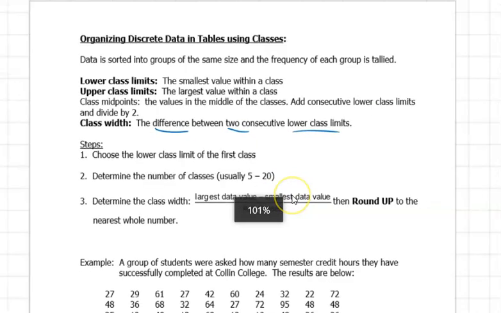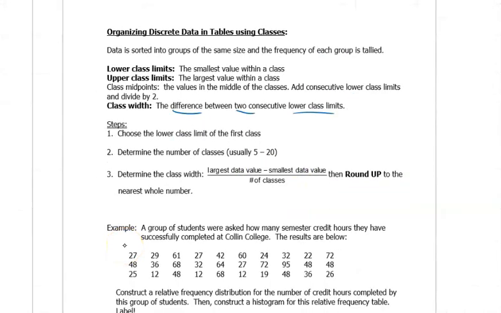And there's a way of going about really carefully determining how wide your classes need to be based on what data you have. We have a little formula that you could use here: to find the class width that is appropriate for your data, you should take the largest data value in all of the observations, subtract the smallest data value from that one, and then divide by how many classes you're intending to have.